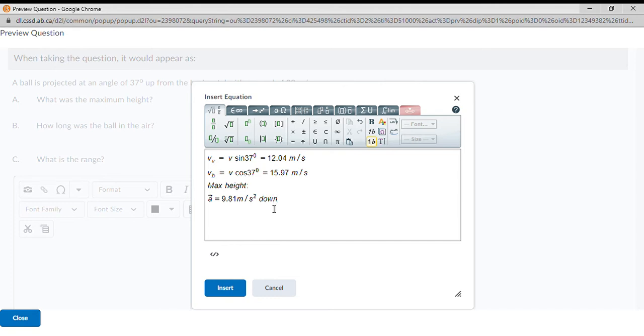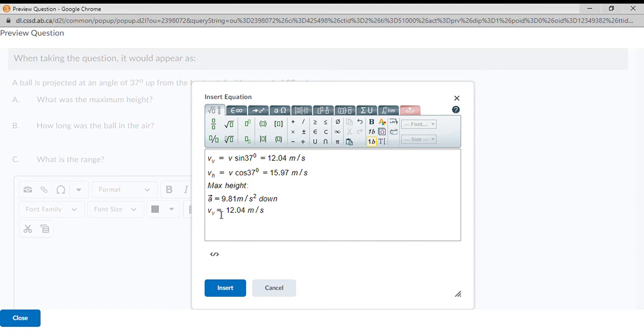And then the vertical velocity will be equal to 12.04 meters per second.